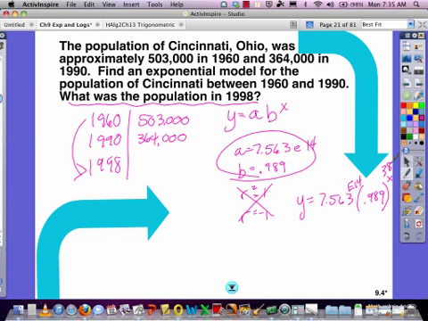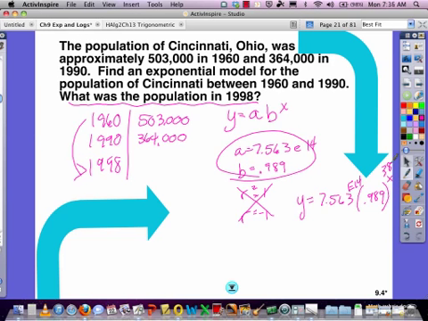So let's go 7.563 times 10 to the 14th power times 0.989 to the power of 38.